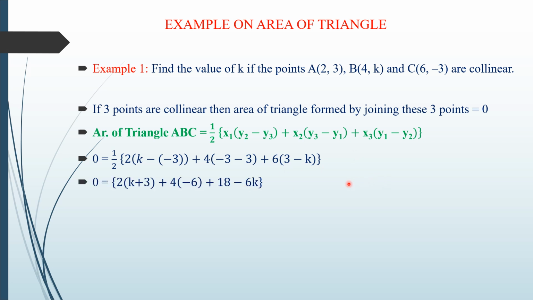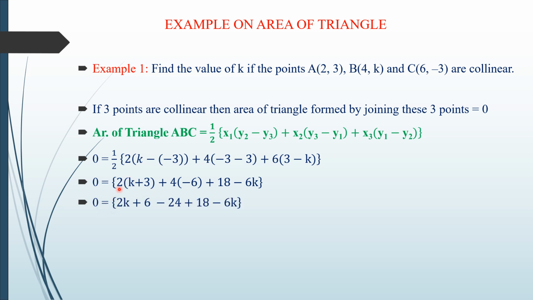When I simplify this, minus into minus would be plus, 2 into (k plus 3) here, plus 4 into minus 3 would give -12, plus 6 into (3 minus k). When I multiply this 6 inside, it would be 18 minus 6k.